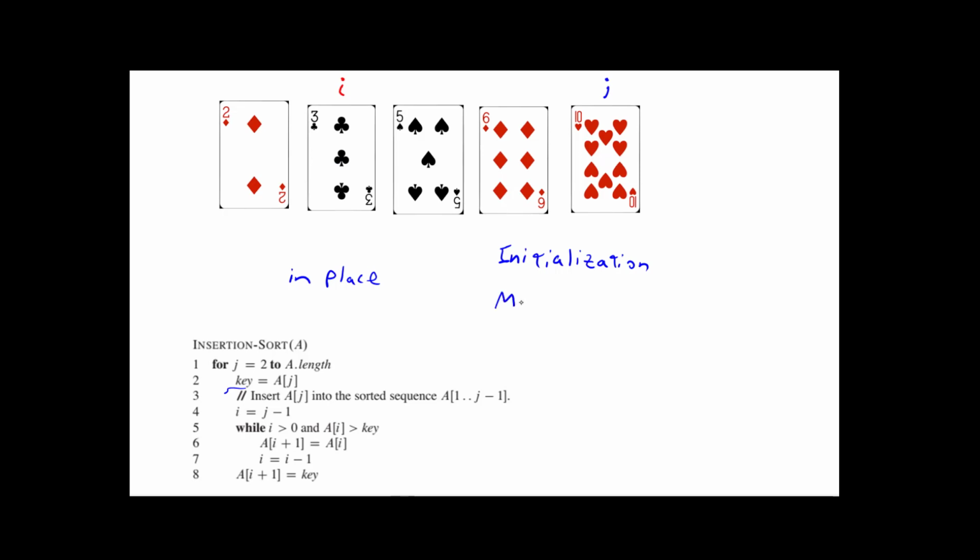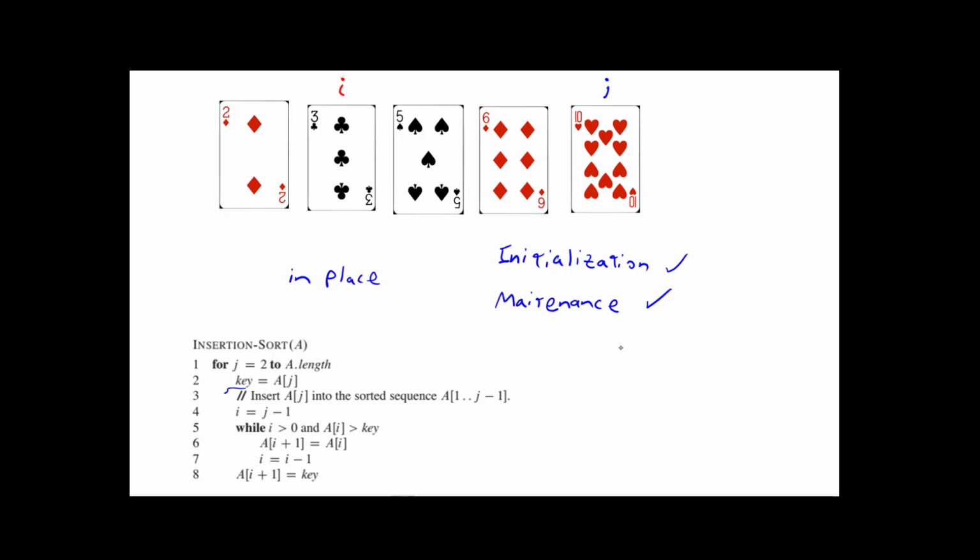After that, it's maintenance. It means that after each for loop, and whenever we begin another iteration of the loop, we should check whether the algorithm works or not. When we increment j by one more, the left-hand side in this algorithm is sorted, so the maintenance is also satisfied.